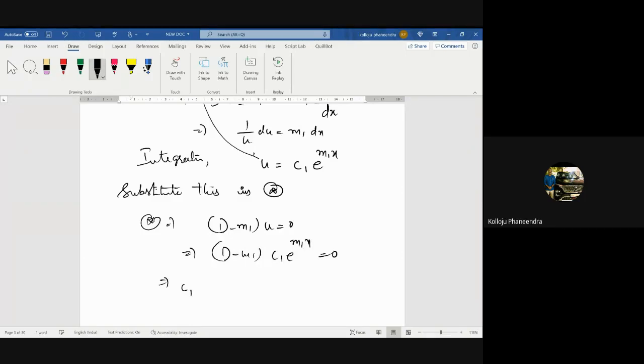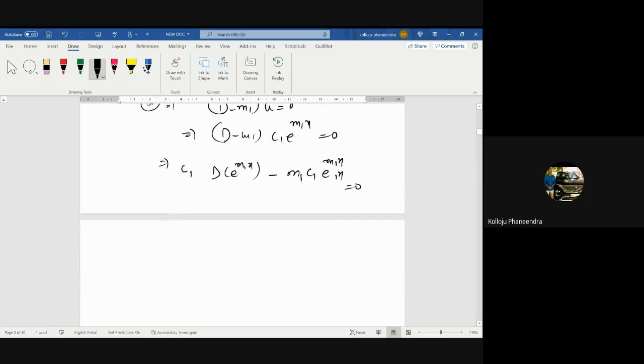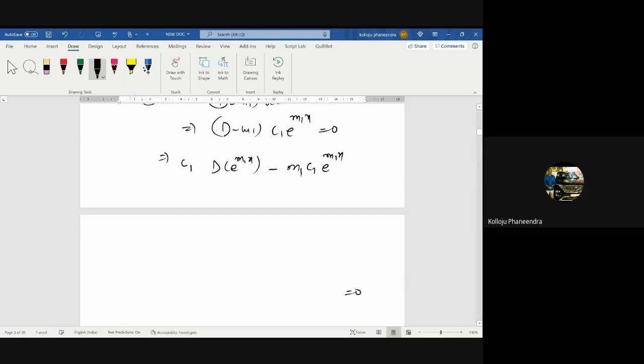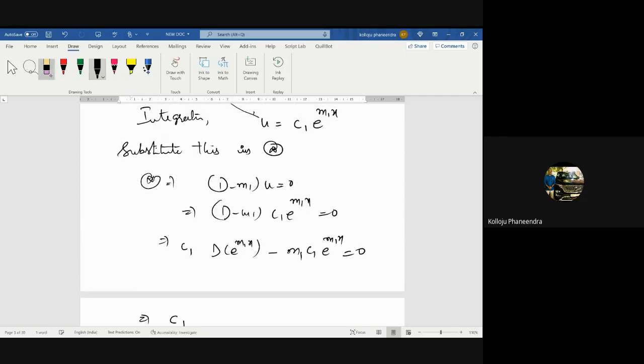Now c1 is a constant, and D stands for derivative, so m1 into c1 e power m1x minus m1 into c1 e power m1x equals 0. That is equal to 0. But where is y? I have to substitute in y, not in this one, that is why we are not getting the differential equation.